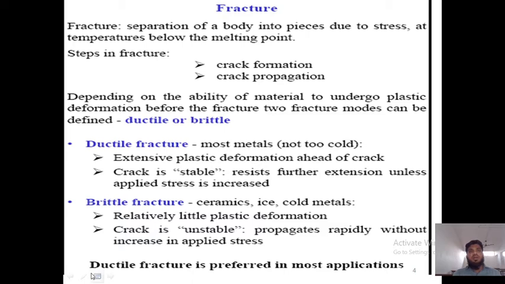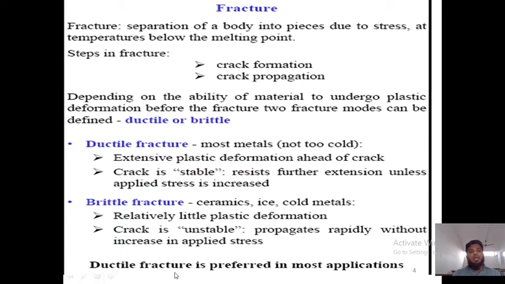Once a car glass gets cracked, it will stay cracked for a few days. It will not start to break the whole glass at a time, unless the damage is huge, unless the accident is a huge accident. What they do in that glass, if you check, is that along with the glass there is some amount of plastic layer. That helps make the material go from brittle to some amount of ductile fracture.